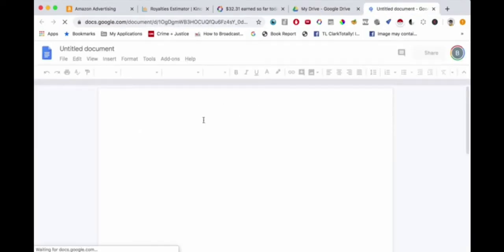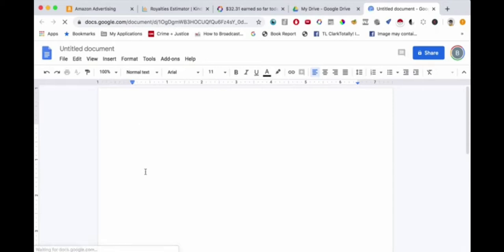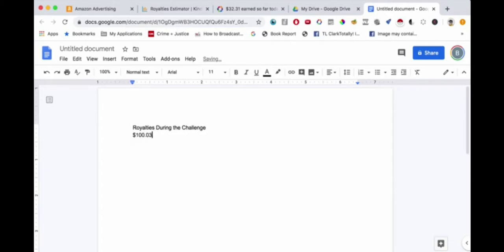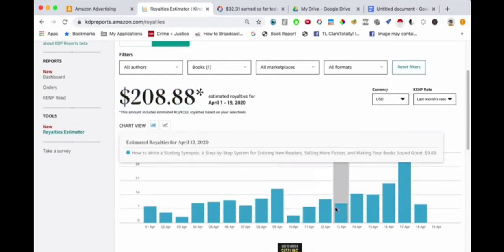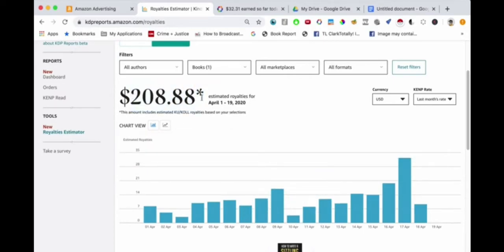Don't worry, I'm going to have a pretty good loss probably on my other one. So let's say royalties during the challenge, 100.03. Now, if I were going to be doing that not cheating, I would take the 208.88 and I would subtract all the sales that had come before that month in order to get the real number there.